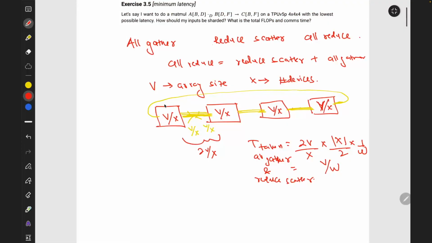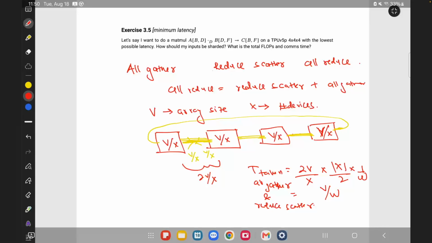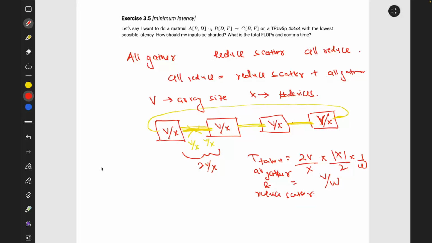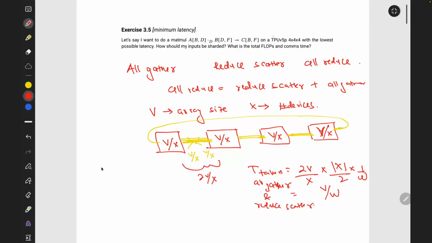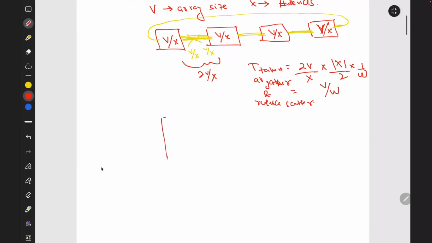So if we now try to solve this question, we have 4 patterns here, and our device is a TPU v5p architecture, which is a 4 cross 4 cross 4 mesh shape, and we'll be sharding our arrays.